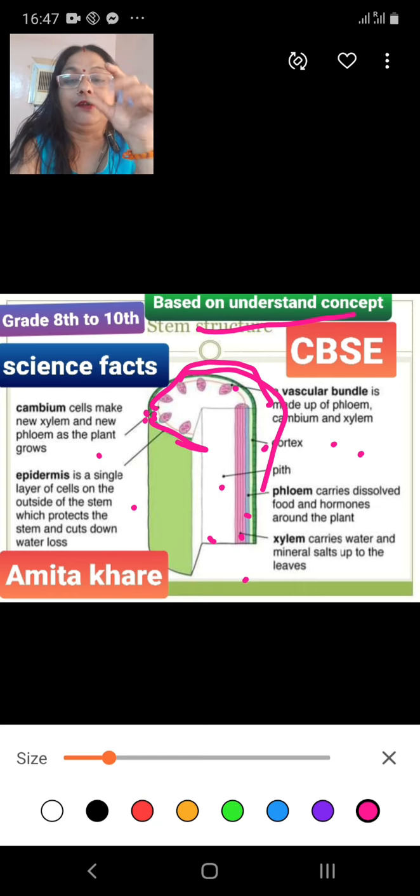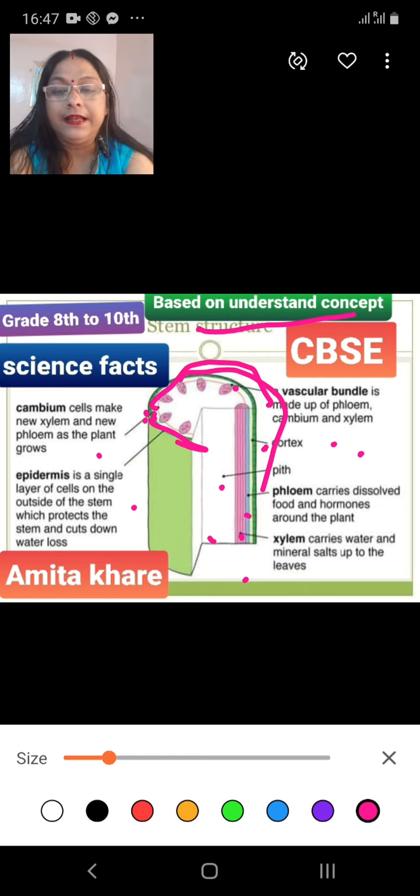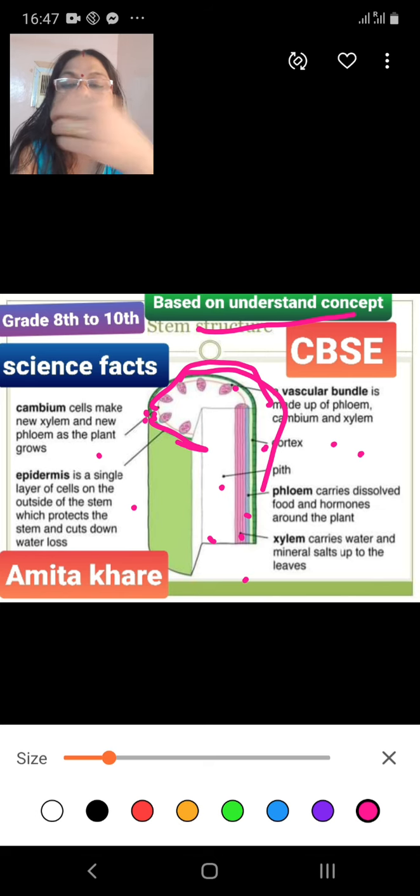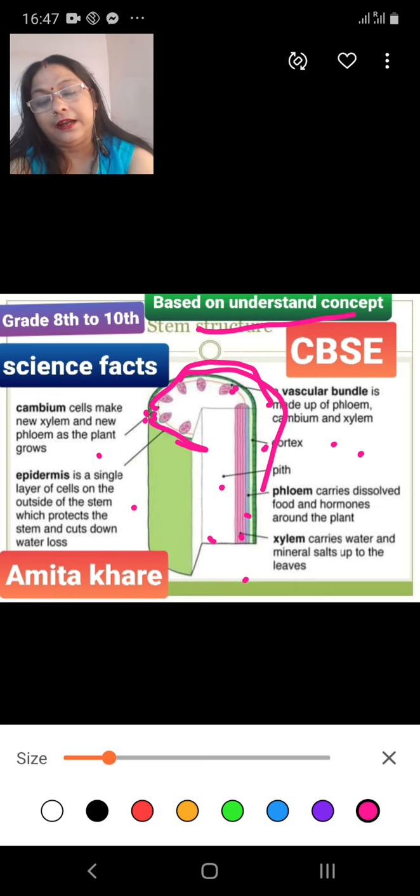Cambium cells make new xylem and new phloem as the plant grows, and the epidermis is a single layer of cells on the outside of the stem which protects the stem and cuts down water loss. And third, the vascular bundle.